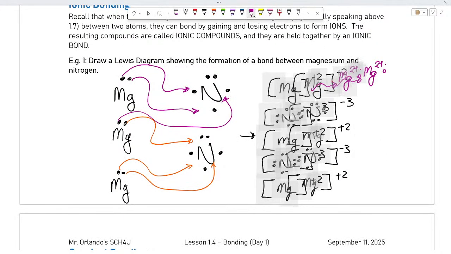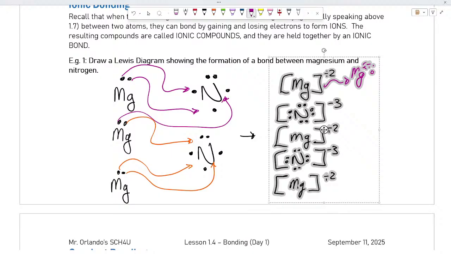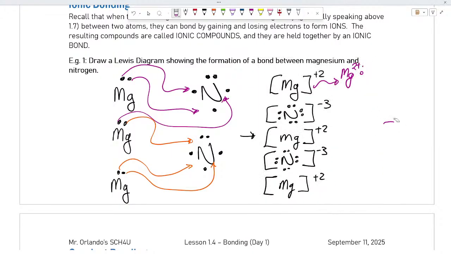You can actually slide it back, and then you'll have more room to work with. Wow. Pro tip. So a full 1s, a full 2s, a full 2p. But does this one have anything in 3s? No, because what happened to them? It gave them away.